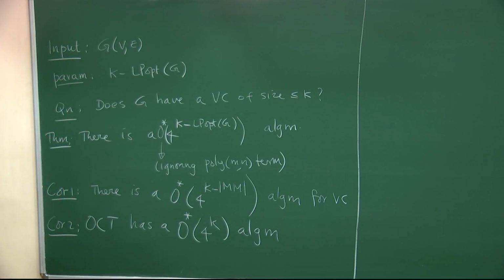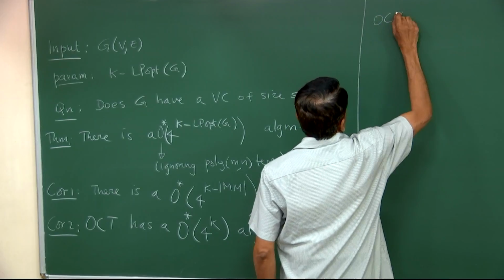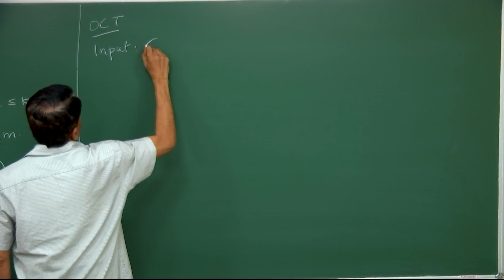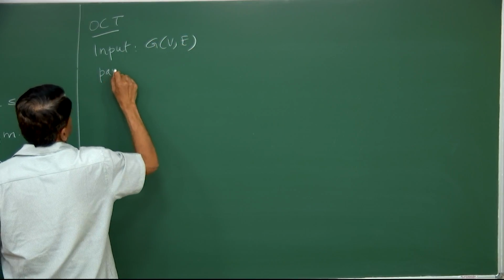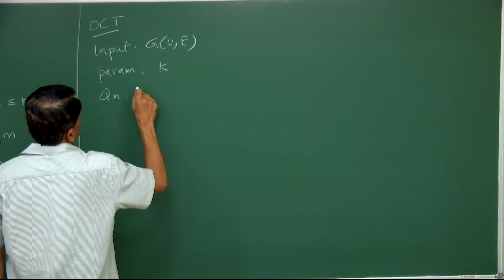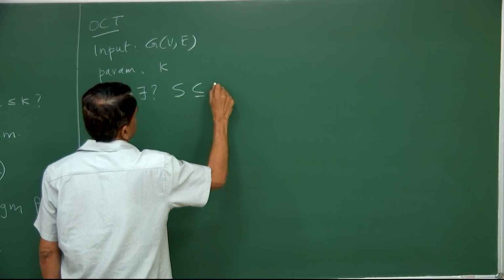And what is the OCT problem? Your input is a graph, the parameter is k, and the question is, does there exist a subset S contained in V of size at most k such that G minus S is bipartite?